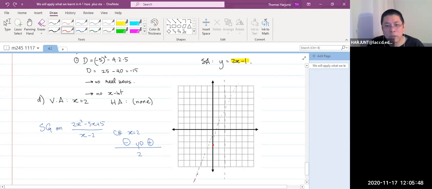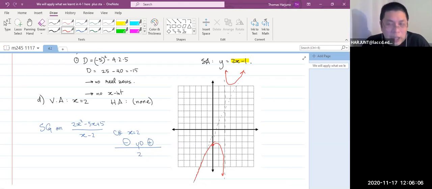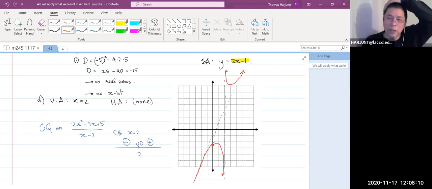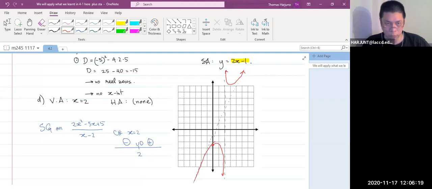So it will come from here. My guess is it will look like this. Okay, but that also means I need to show that the graph is below the slant asymptote to the left of that vertical asymptote, and it will be above the slant asymptote when x is to the right of 2.